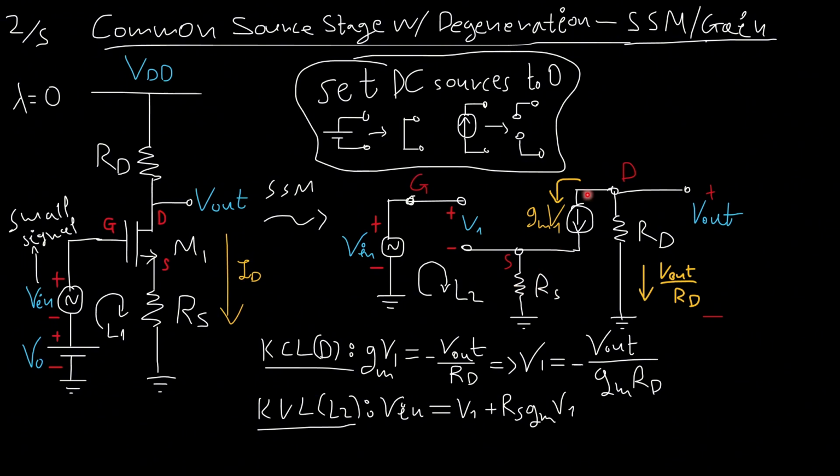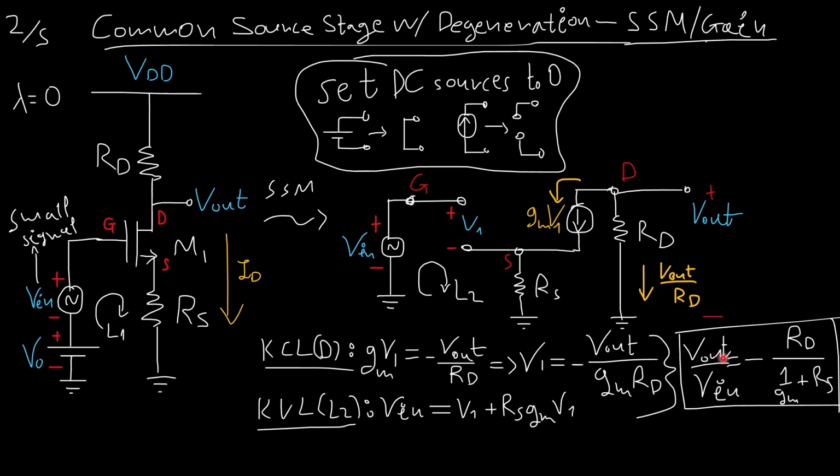How much is the voltage drop? The current flowing from here to here, which is gm V1, times RS, plus the V1 here. Now, it's important to note that we don't have any channel length modulation, all right? And then V out over V in must be equal, if we solve these equations and replace V1 here, to minus RD over 1 over gm plus RS.